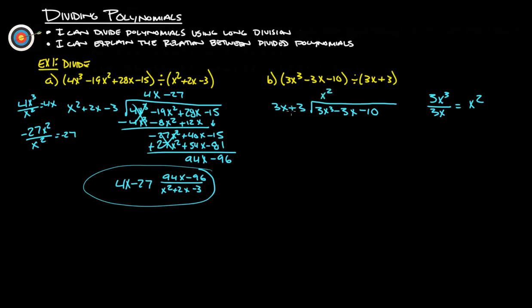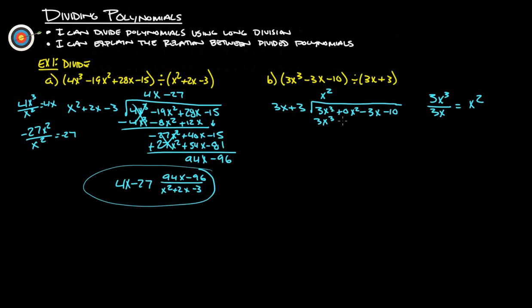X squared times 3x is 3x squared. Oh, look, I already messed something up. Look, we have x cubed, no x squared, so we got to put our x squared in here. Oops. Okay, glad we caught that early enough. So plus 0x squared minus 3x minus 10. Now we're in business.